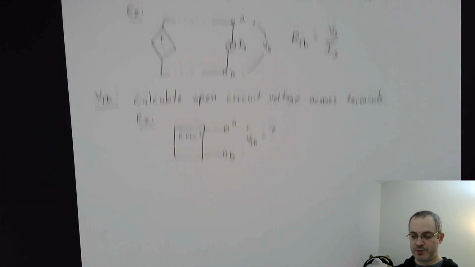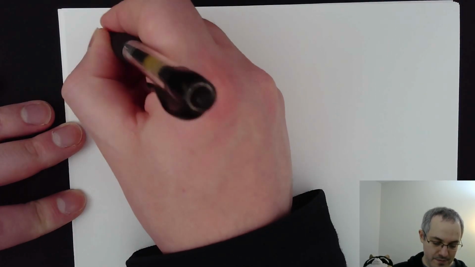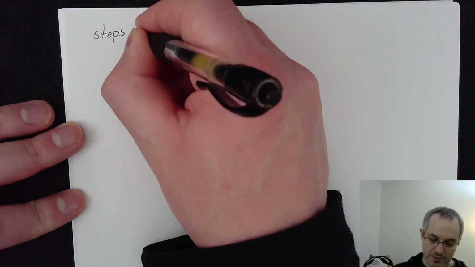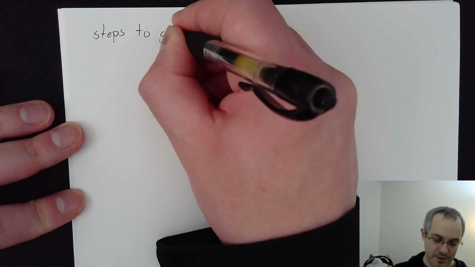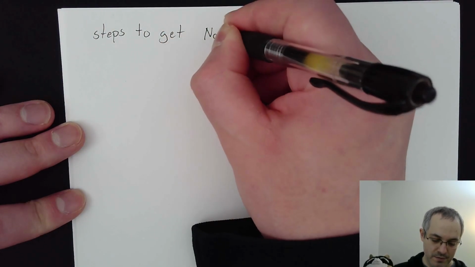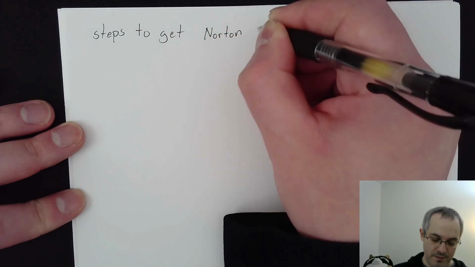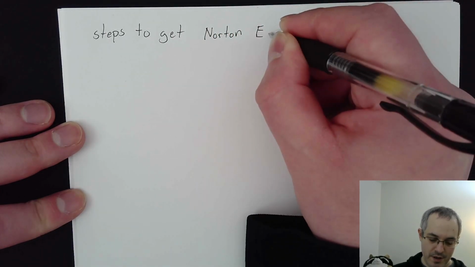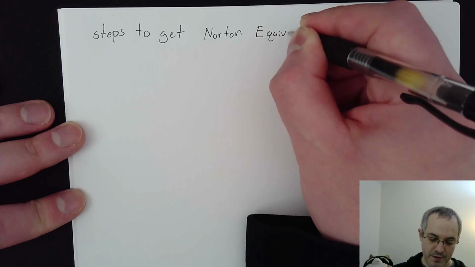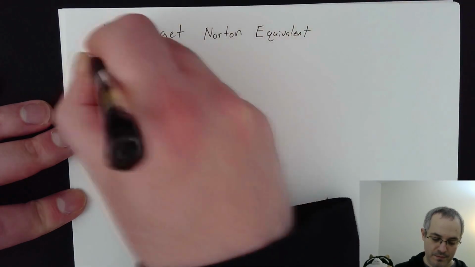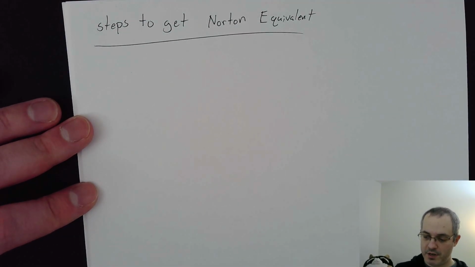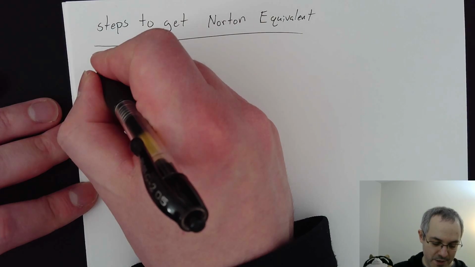For the steps to get the Norton equivalent, this will go to a new page. Pretty short, these steps to get the Norton equivalent. The steps are shorter only because it's kind of the same thing.